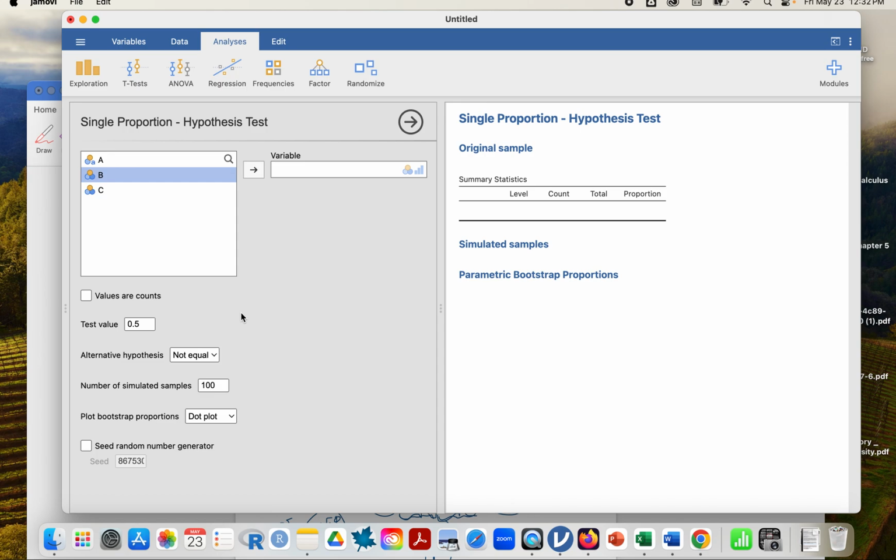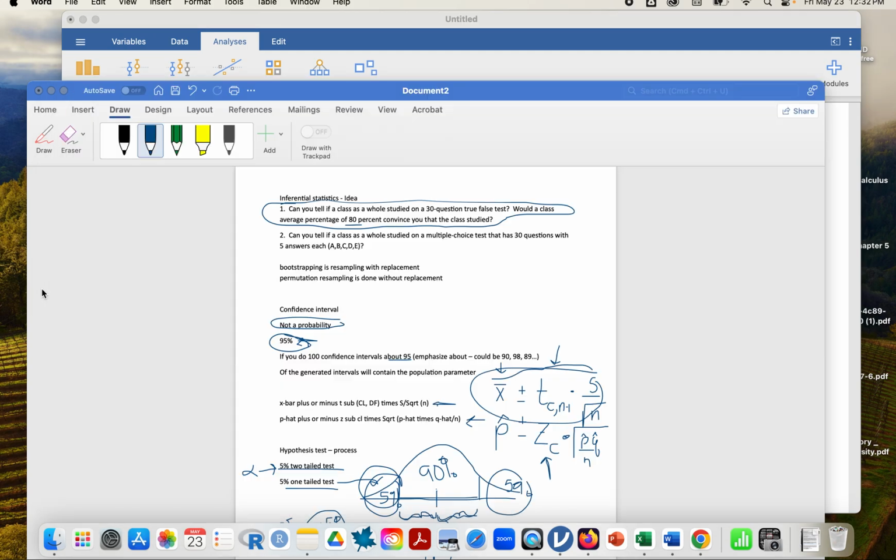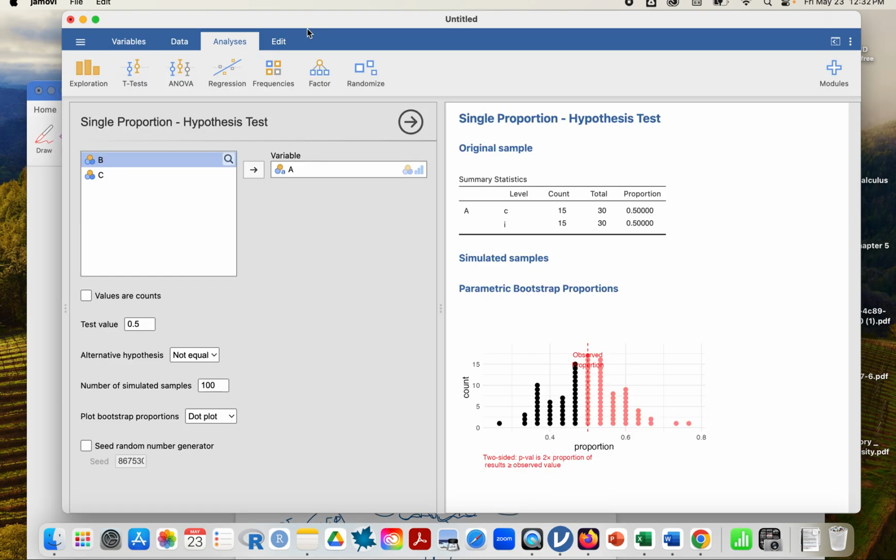Now, we're trying to see if we are at 50%, which is guessing, or if we have something different. Okay. Now, our data is the 50%. What we need is our data to be an 80% scenario.